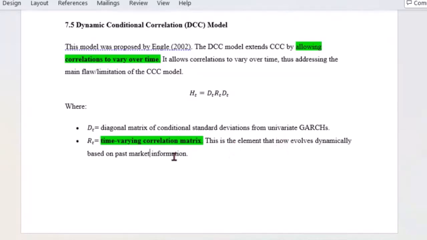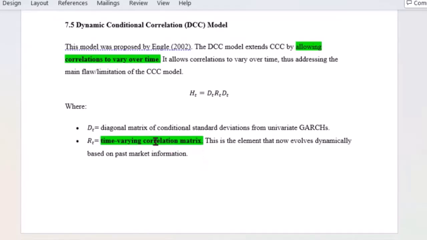So this element now evolves dynamically, based on past market information. And what you should note is that whenever we talk about time or changes over time, it means that the next period's behavior will be affected by the past market information.